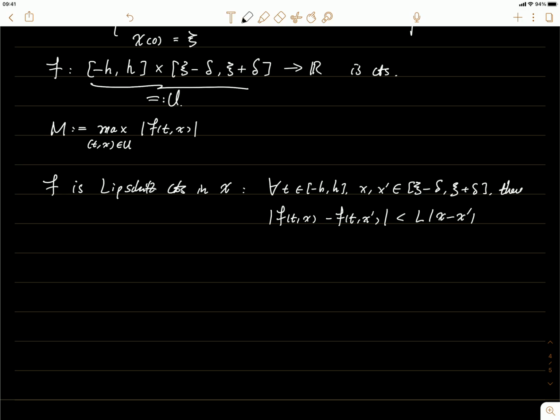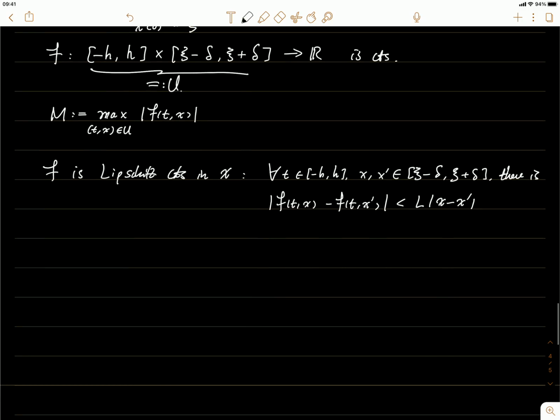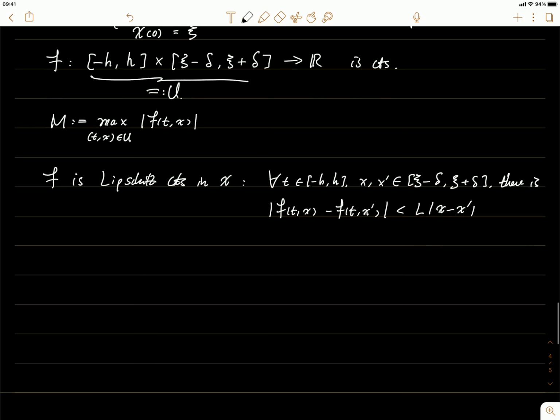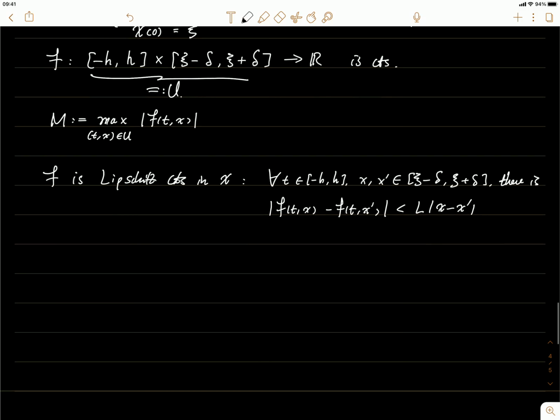That's what we mean by the function f being Lipschitz continuous. So we have this basic setup, which usually is true in practice.